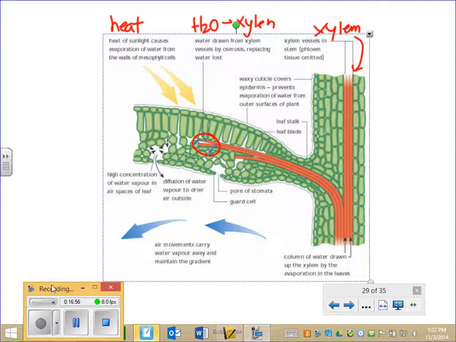Now, one of the things I'd like to mention is the cuticle. We mentioned it before, like on the very first day when we labeled the structures of the leaf, but I want to remind you that the cuticle covers usually the upper surface of the plant, and this helps reduce evaporation.